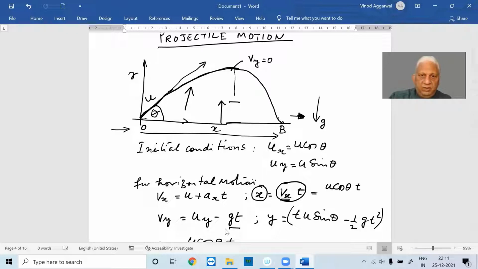So if we say this is the total height, the maximum height that it has attained, h.